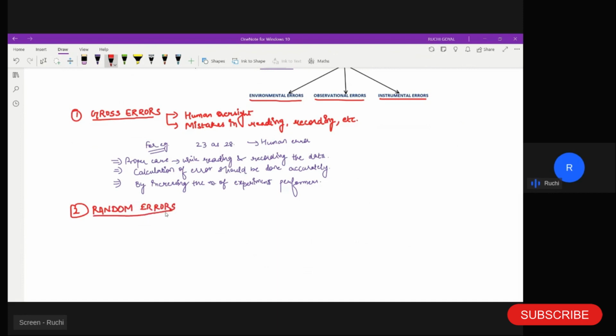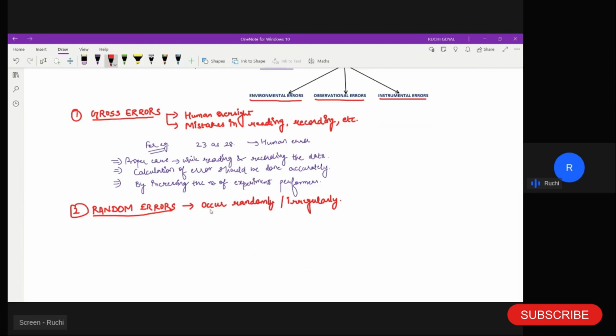Okay, so random errors are those errors which occur randomly, or we can say irregularly. So hence these are the random errors. They can arise due to random fluctuations, because we have experimental conditions in the lab.